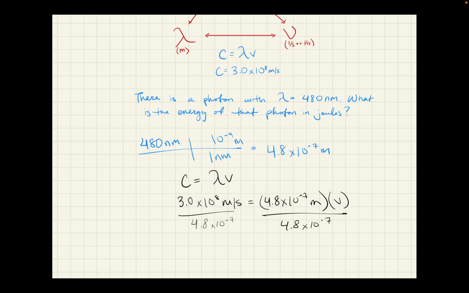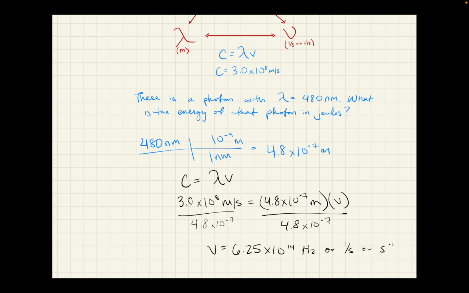I invite you to pause the video and get this first. I'd recommend figuring out the number before I tell you. We get that the frequency is equal to 6.25 times 10 to the 14th hertz, also known as 1 over seconds, also known as seconds to the negative 1. All those units are interchangeable.